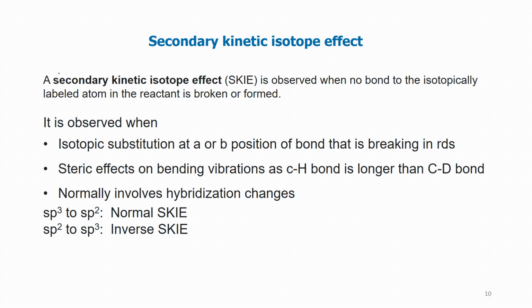So in that case, it is called a secondary kinetic isotope effect. It is observed when there is an isotopic substitution at alpha or beta position of the reacting center, then it may show kinetic isotope effect.